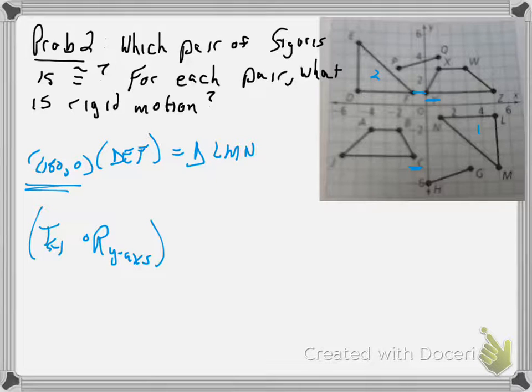And then we're going to count up from here. So we translated -1 this way. Now let's count up. 1, 2, 3, 4, 5. So it's up 5. So our translation is -1, 5, following a reflection over the y-axis.